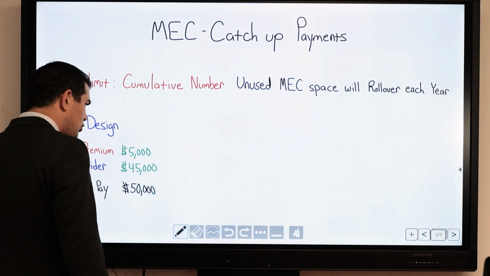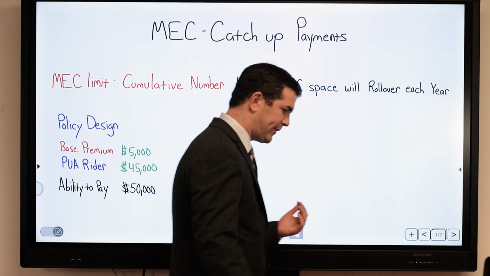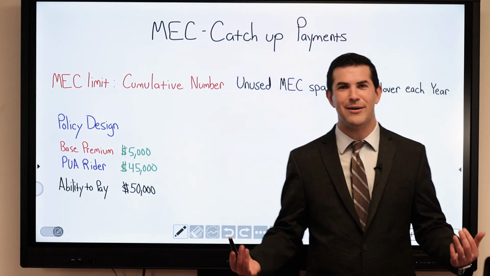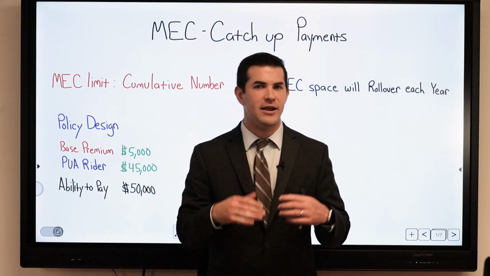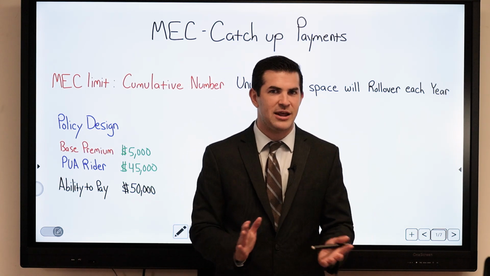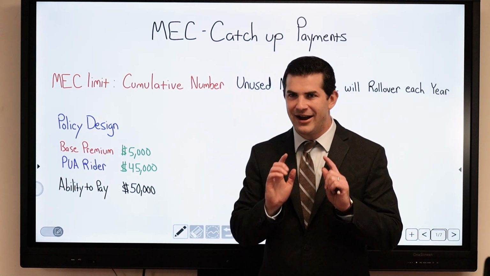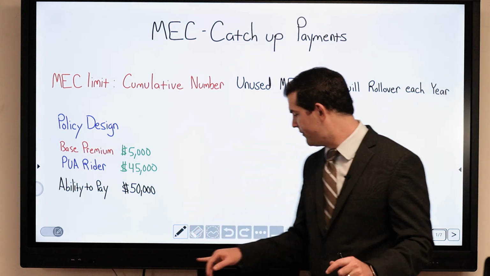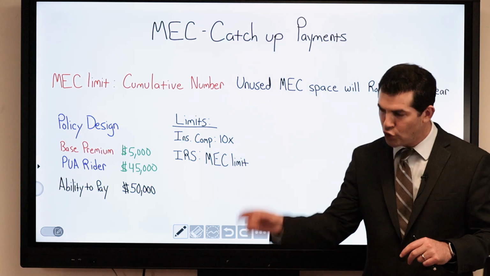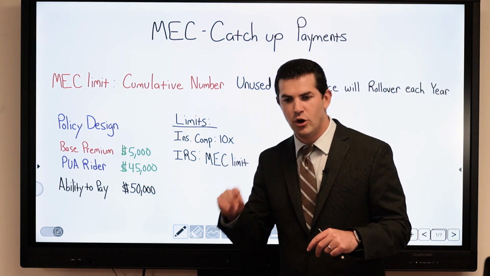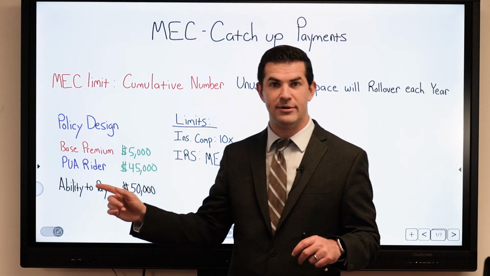So when it comes to the policy design, we always talk about when I set up a policy, where can my money go? I can allocate it toward the premium or the PUA rider. Now, when I design that policy, the items I have to be aware of as an agent and a policyholder are the limits. Two primary limits I want to be aware of. One is the insurance company limits.